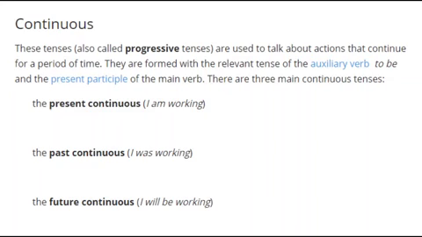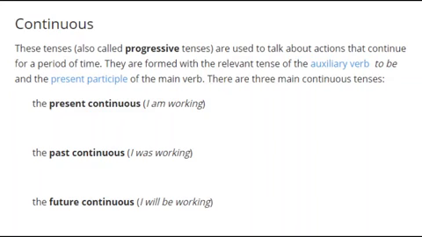These tenses, also called progressive tenses, are used to talk about actions that continue for a period of time. They are formed with the relevant tense of the auxiliary verb to be and the present participle of the main verb.